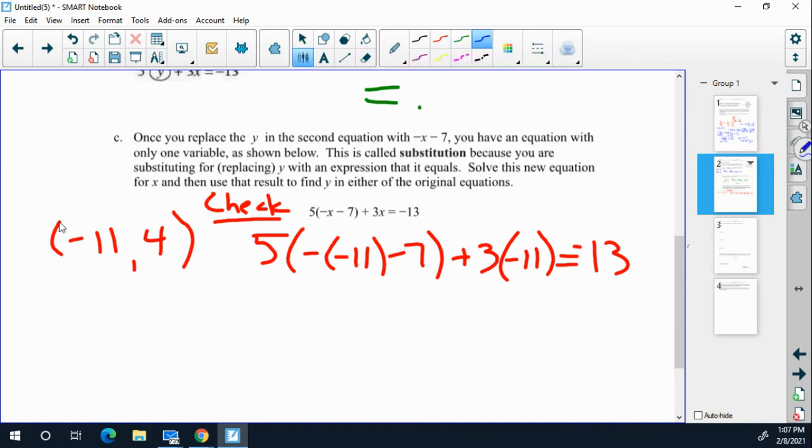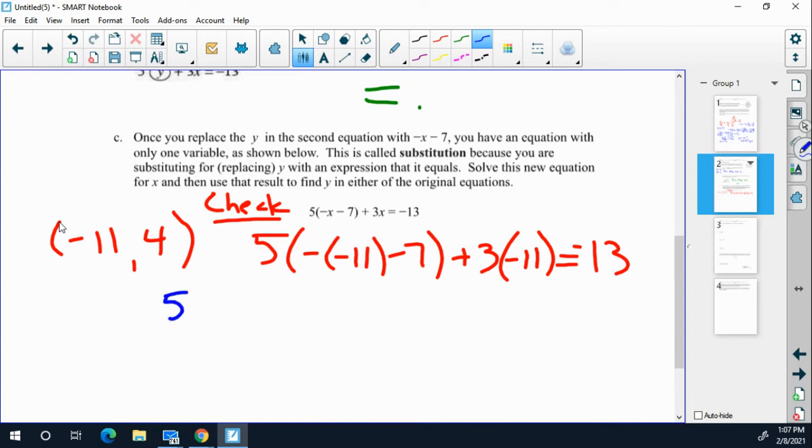So when I solve, this side should be -13 because that side is -13, right? If it is, then I did it correctly. Then we can substitute in wherever the Y is and see if we get -11, which I never do.